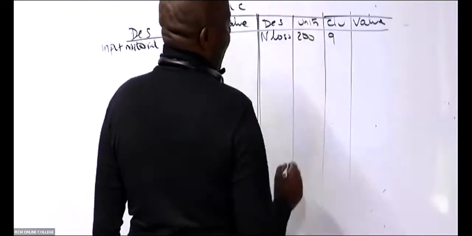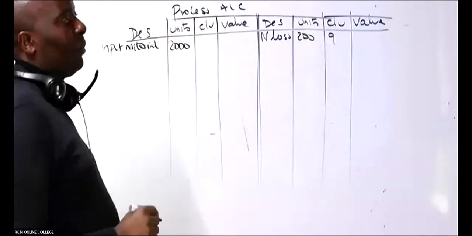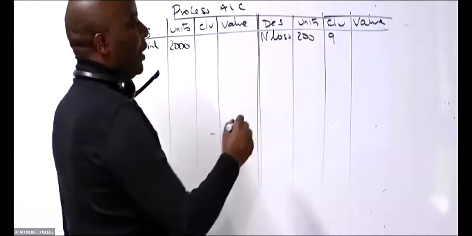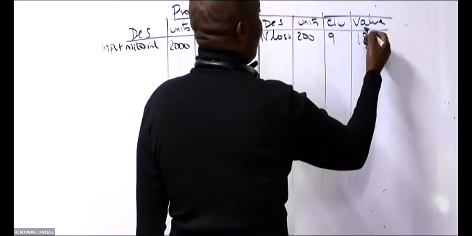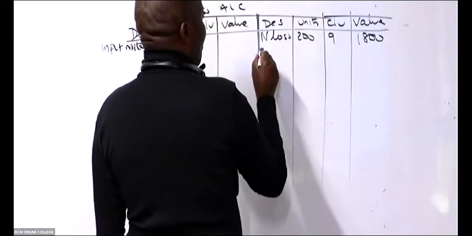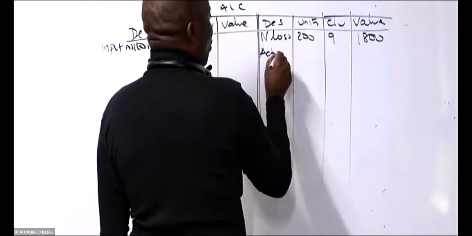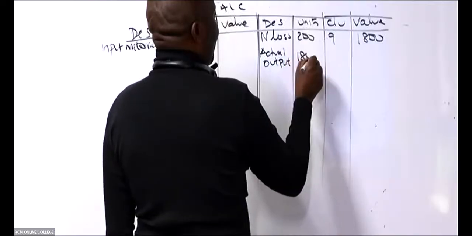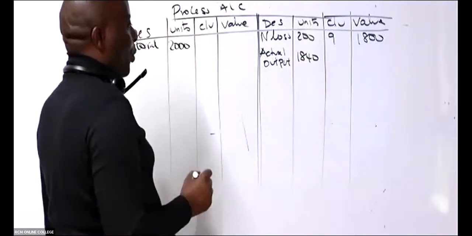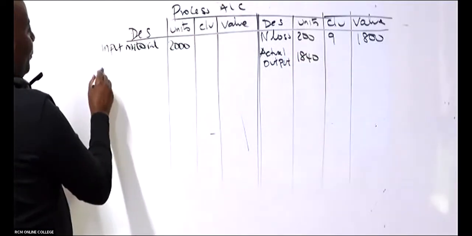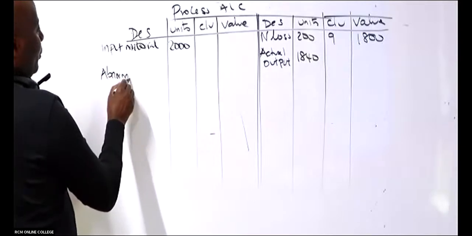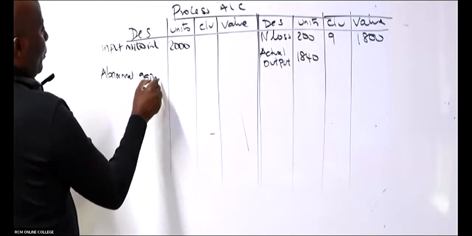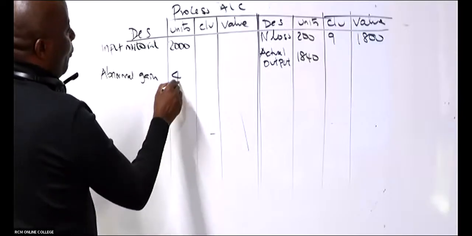And they have told us we are scrapping at 9 bob still. So 209, that gives me 1800. We have in this case actual output 1840. We have abnormal gain of 40.